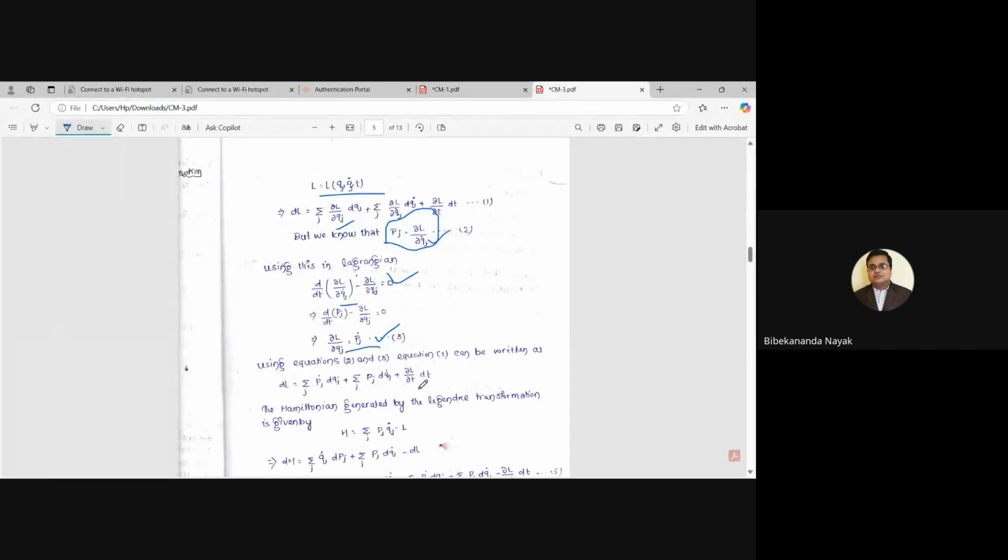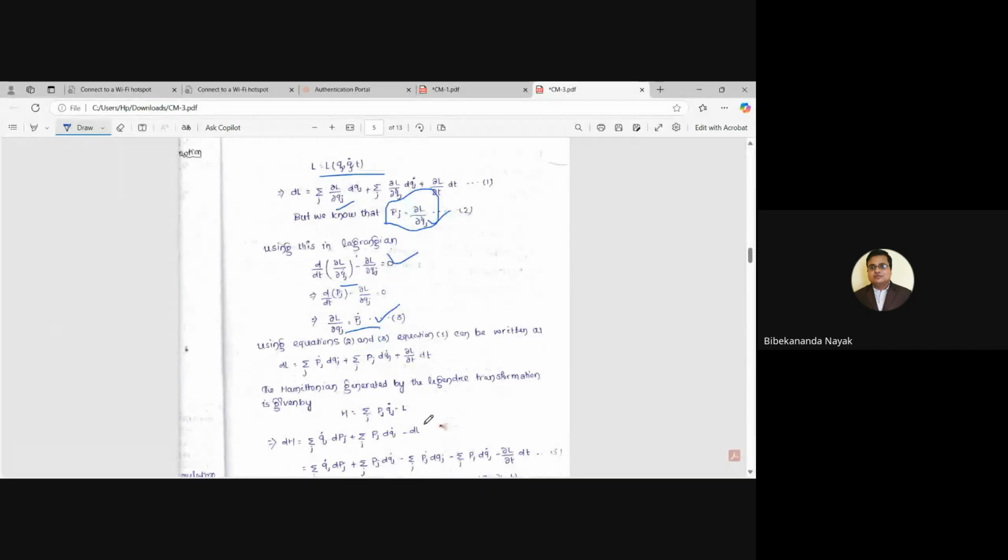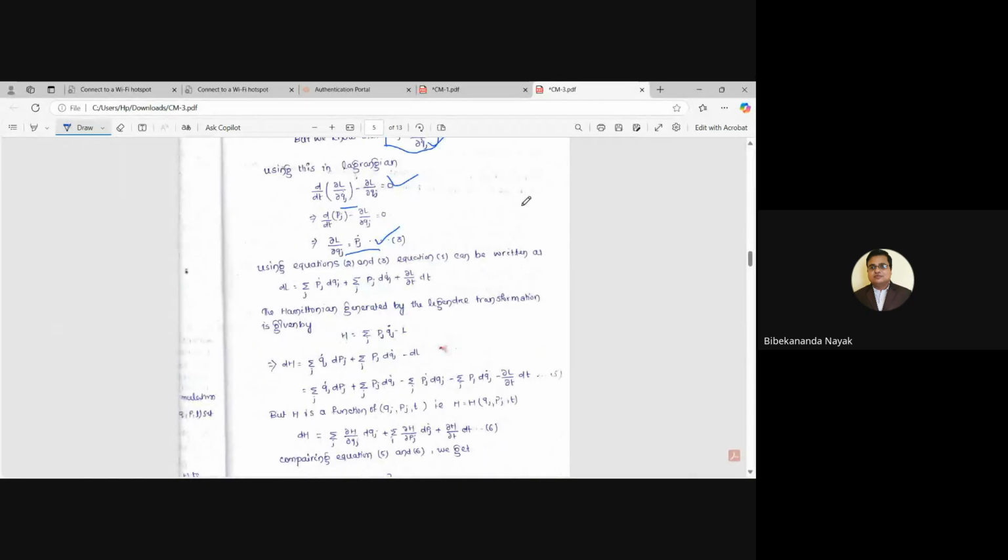But from the relation, we have H is equal to the sum over Pj qj dot minus L. So expanding it, dH is equal to qj dot dpj plus pj dqj dot minus dL. Again put in dL. dL is a function of q, q dot, t, so it also has three terms.